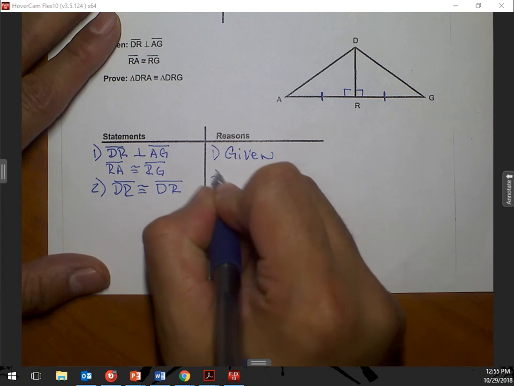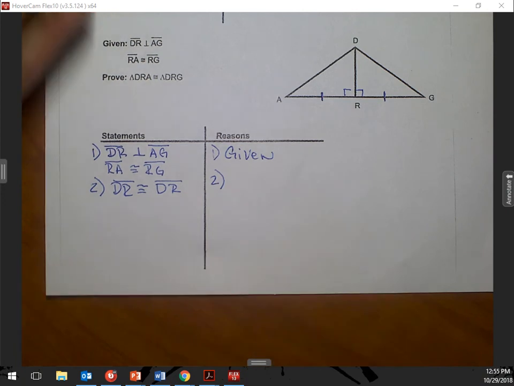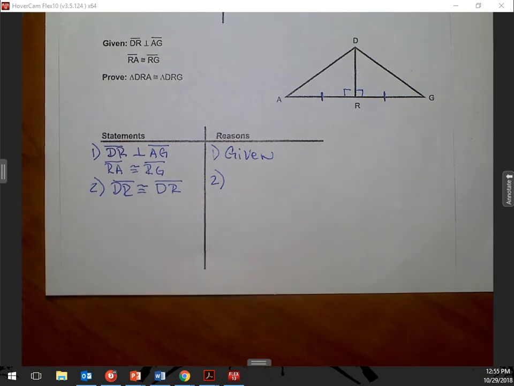Now, what is my reason here? Shared side. Say the whole thing: reflexive property.